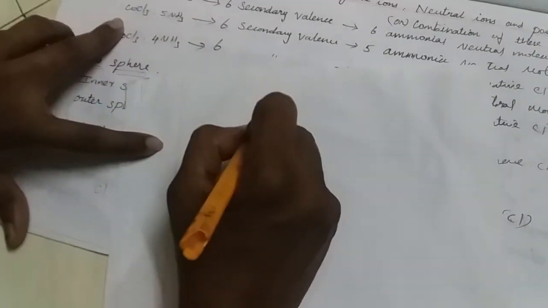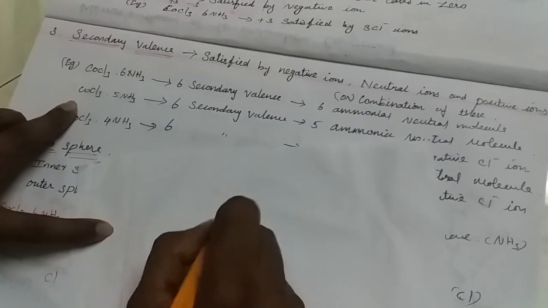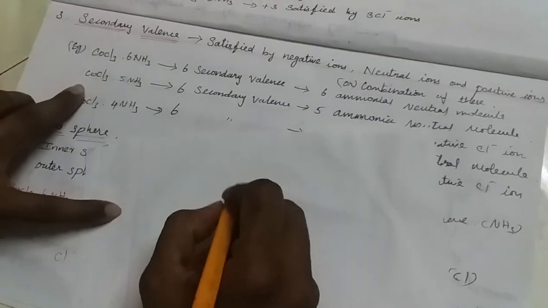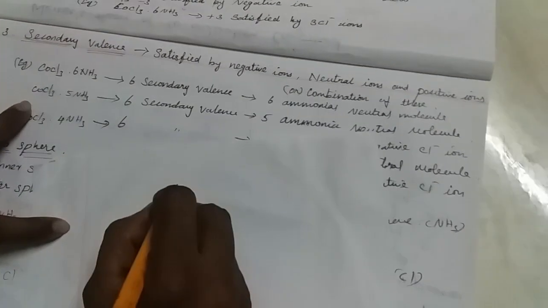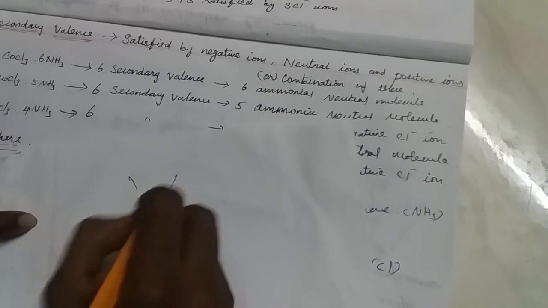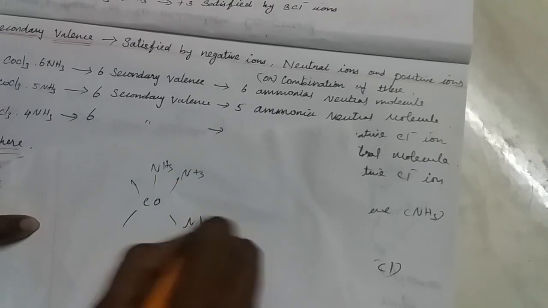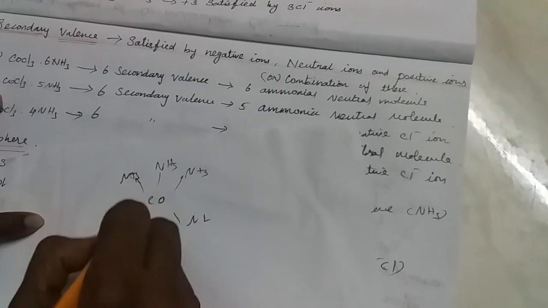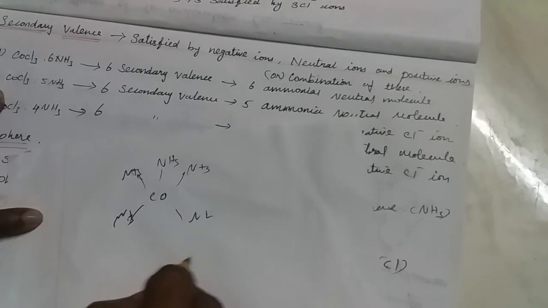Here is the structure of Co, the central metal atom, occupied by the secondary valency: 1, 2, 3, 4 NH3. This is the NH3. Right? This is the secondary valency ion.